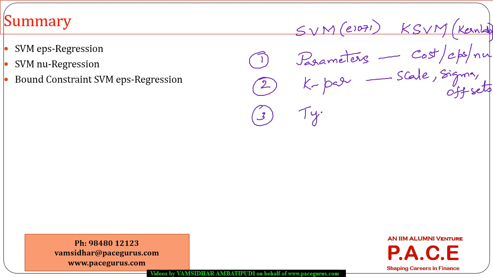Depending on the type of the model, I can have EPS regression, nu regression, bound constraint EPS regression. So I can change the type, and I can even specify the different kernels. I have an option of 4 kernels under this, and 7 to 8 kernels under this.